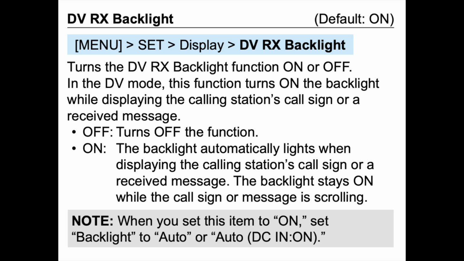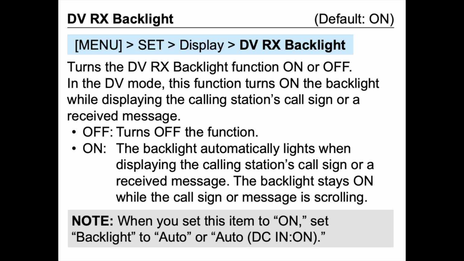Digital voice receive backlight. The backlight will automatically light on when a calling station call sign or message is being received, which is ideal if you're in a dark environment and or the unit is asleep. You'll be able to wake up the screen.